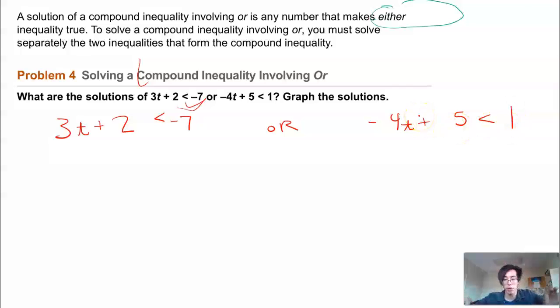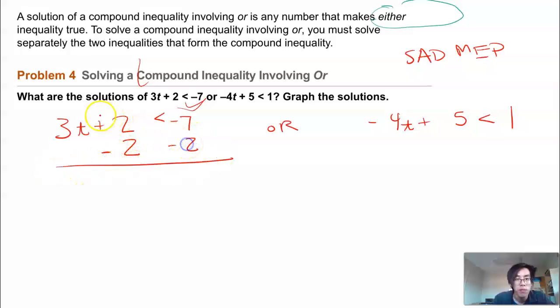Once again, I just split them up and solve for the variable in both. I'm going to use my rule, SADMEP, to isolate the variable. I cancel out addition and subtraction first, so subtracting 2 on both sides gives me 3t is less than -9. And on this side, I'm going to cancel plus 5 by subtracting 5 on both sides.